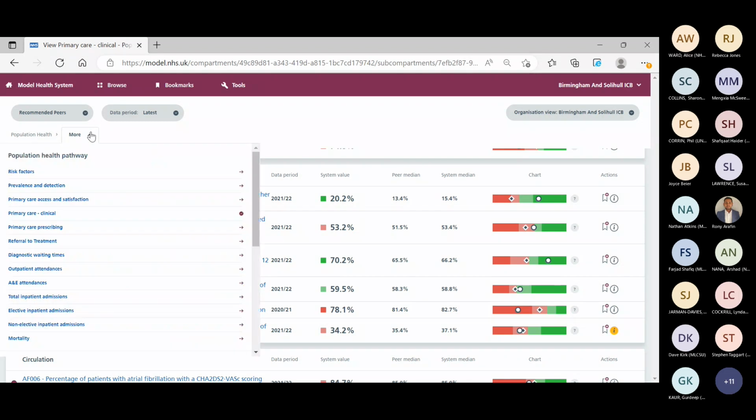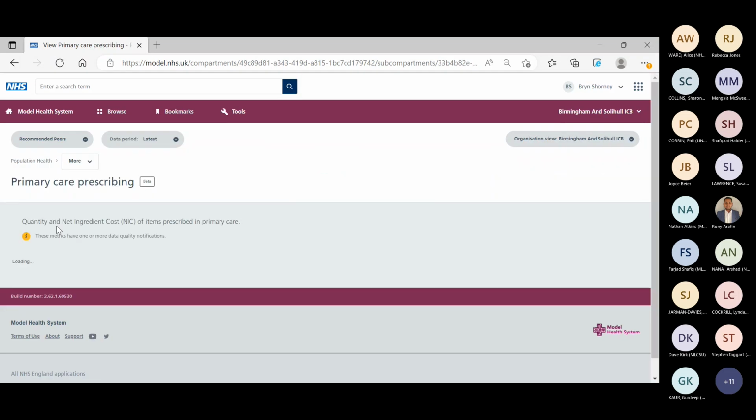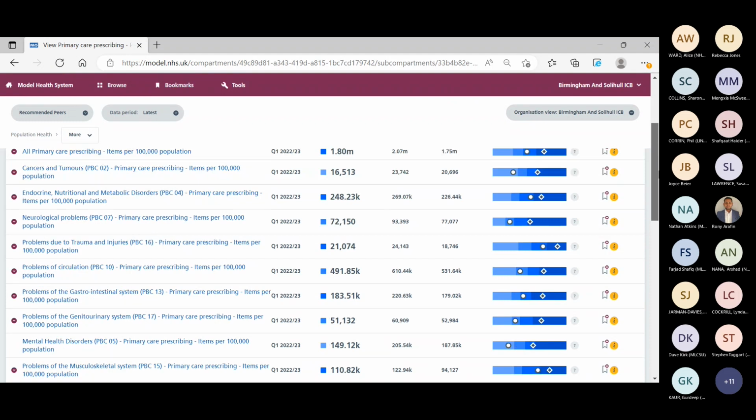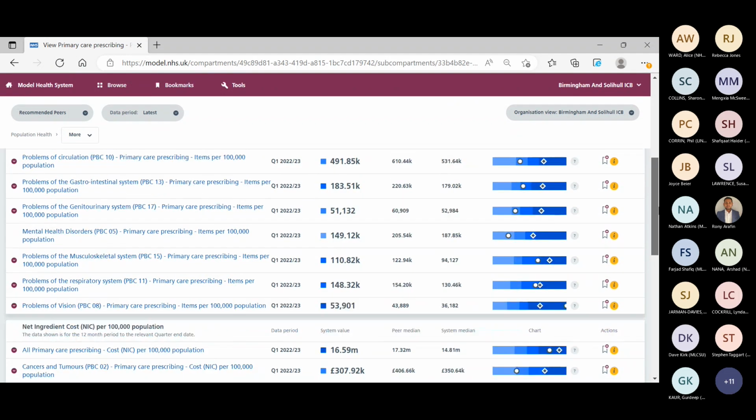I've covered the inpatients, so we've also got primary care prescribing data in here. The metrics are set up in a similar way. We've got both items prescribed and the net ingredient cost of those items.